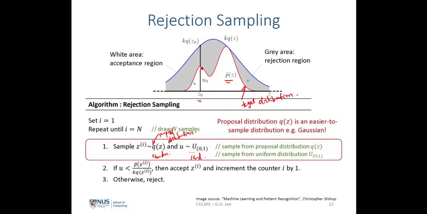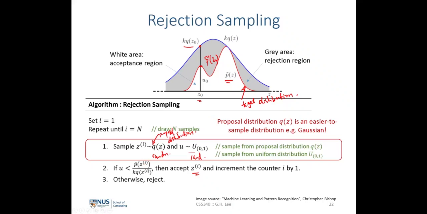We'll evaluate this value under P tilde of z_0, as well as this value over here, which is given by k multiplied by q of z_0. We will then divide these two values and compare it with u. If u is smaller than the division of these two numbers, then we'll accept z_i, the sample that is drawn, and increment the counter by 1. Otherwise, we'll reject this sample z_i.